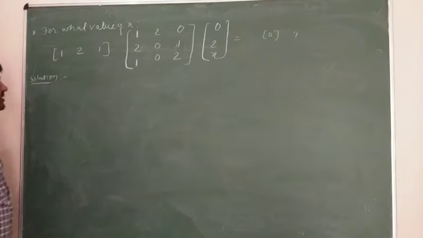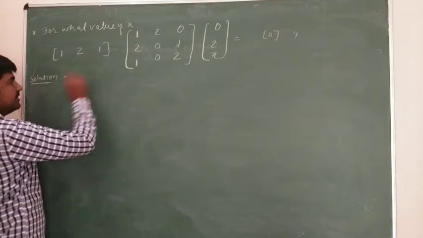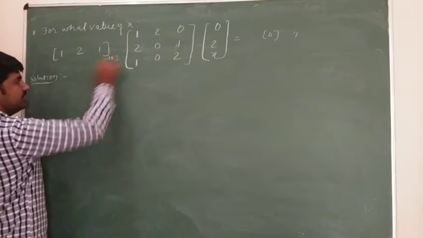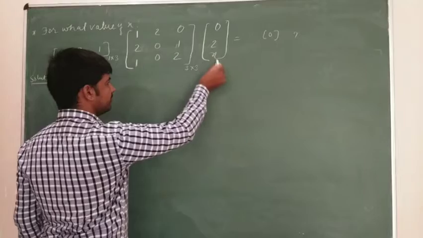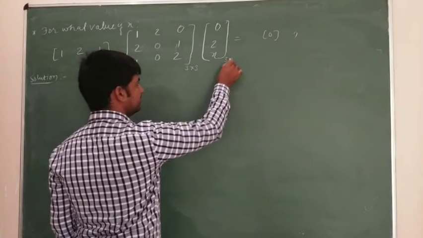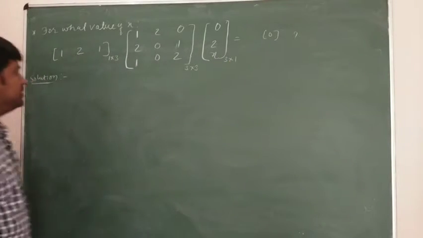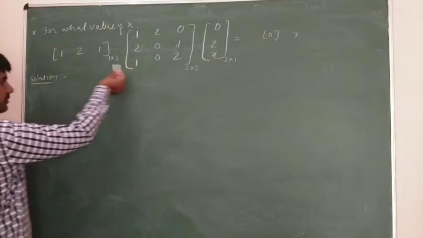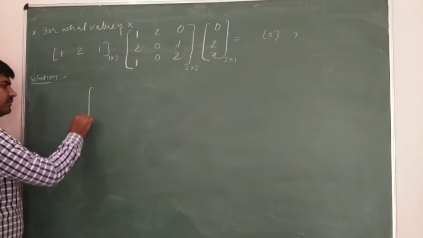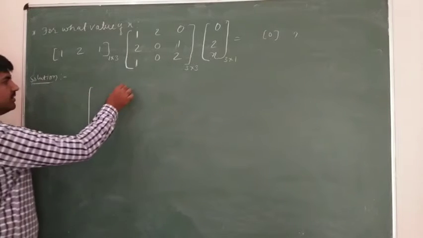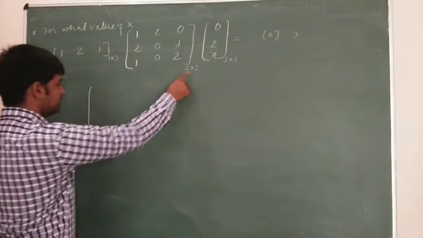So first of all, what I am doing is I am writing the order of all these three matrices. The order of the first matrix is 1 by 3, and the order of this one is 3 by 3, and the order of this particular matrix is 3 by 1. Dear students, first I will multiply both of these two matrices, and I will get a matrix of order 1 by 3.